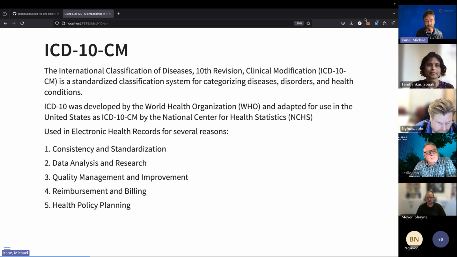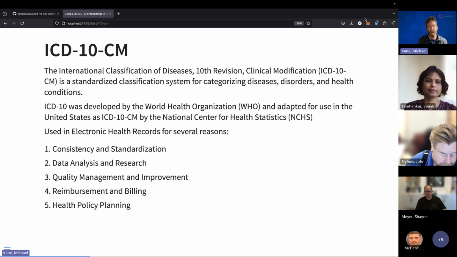We can use these for data analysis and research. Rather than having a description of a disease, we now have a specific code corresponding to what the disease is that's going to be consistent within a hospital, across hospitals, and so on. We can use those for quality management and improvement. They do get used for reimbursement and billing, and also health policy.